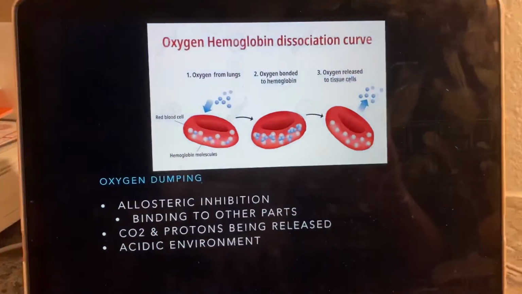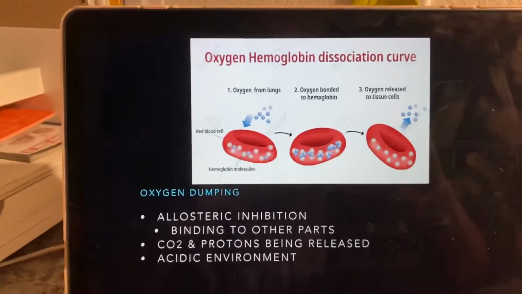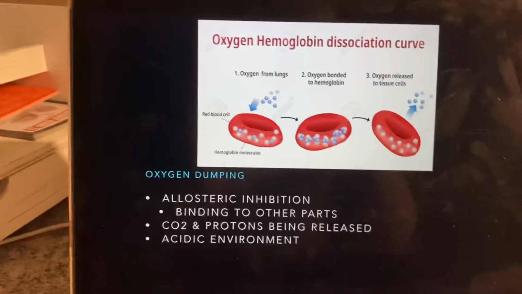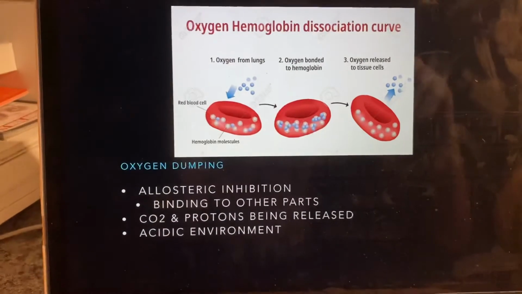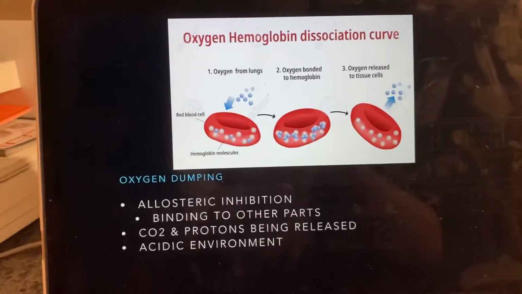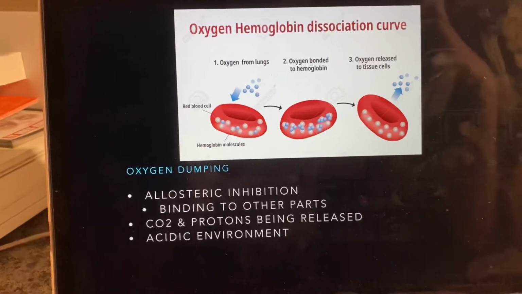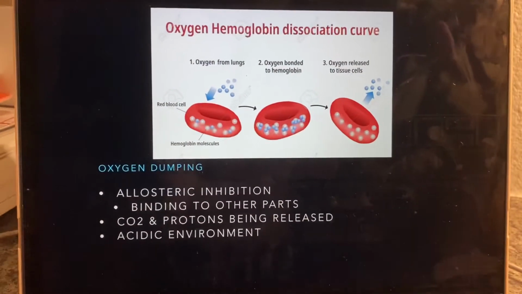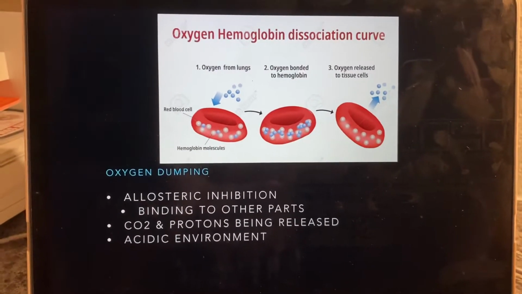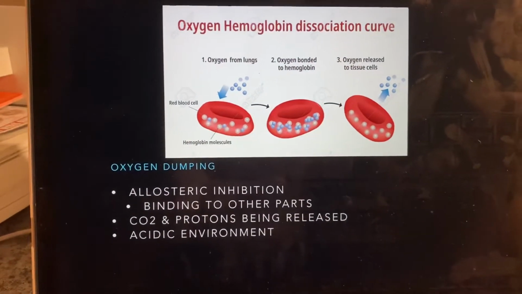Basically, oxygen enters the lungs, and it goes throughout the rest of the body, distributed through the red blood cells and the hemoglobin in them.